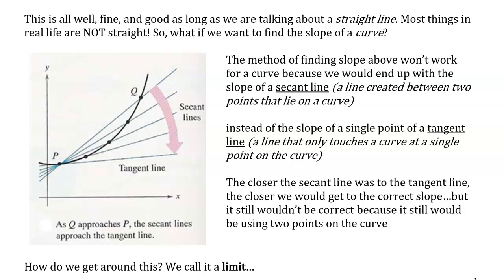And since we want the slope of the curve at just a single point, we really want the slope of this tangent line. But using the slope formula that we learned before, we would actually have the slope of the secant line, which isn't accurate. I mean, the closer we get to P, the closer our slope is going to be because the closer our secant line is, but it's still not going to be as accurate as we need.